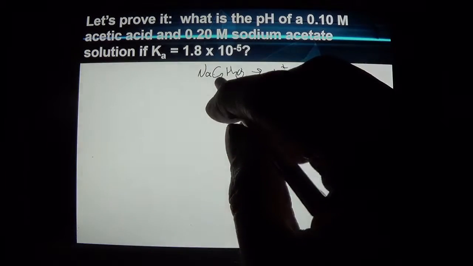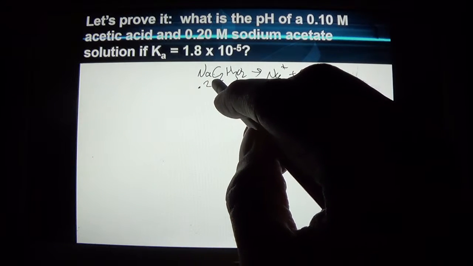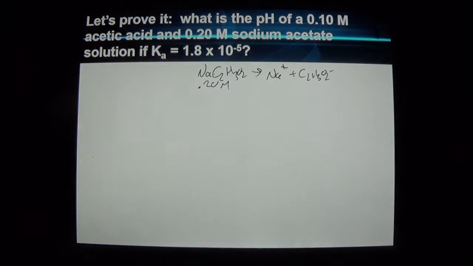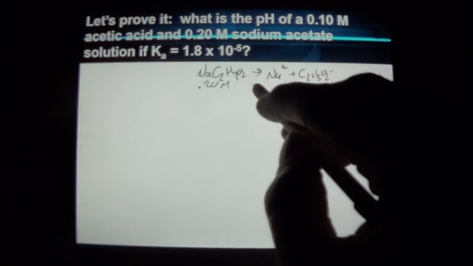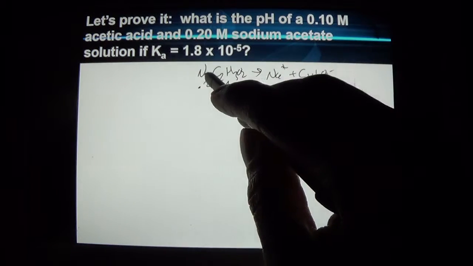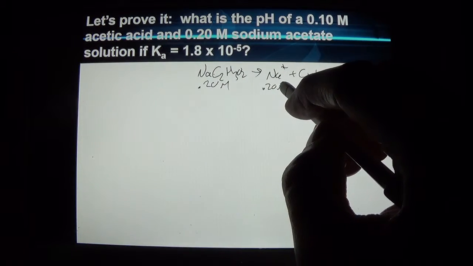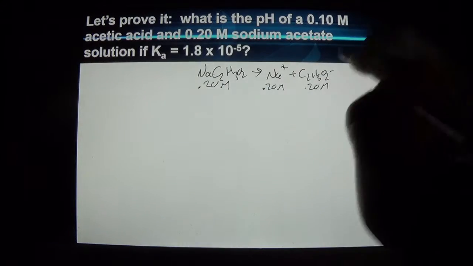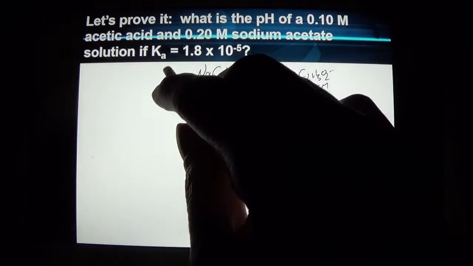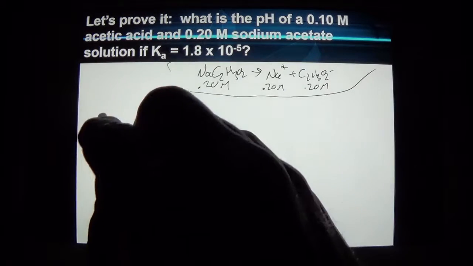And if I have 0.20 molarity of that, I'm going to one-way arrow and 1-to-1 ratio. I'm going to have 0.20 molarity of that and 0.20 molarity of that. Okay, so now I'm just setting that information aside. I will come back to that later.